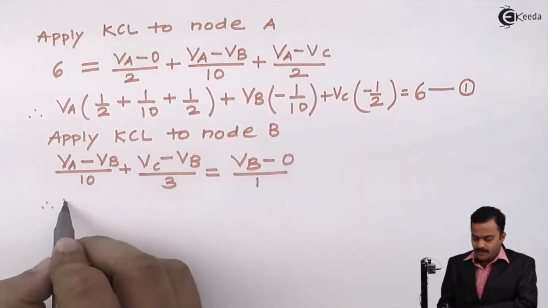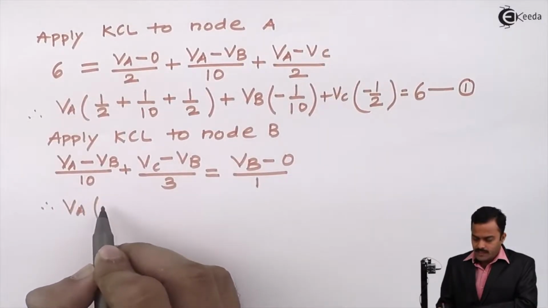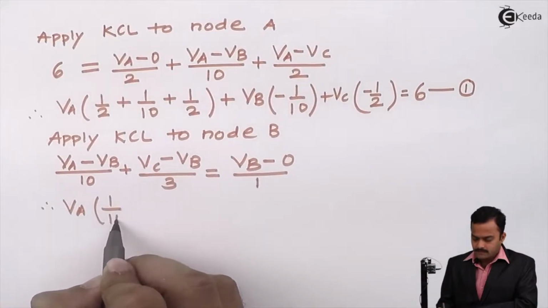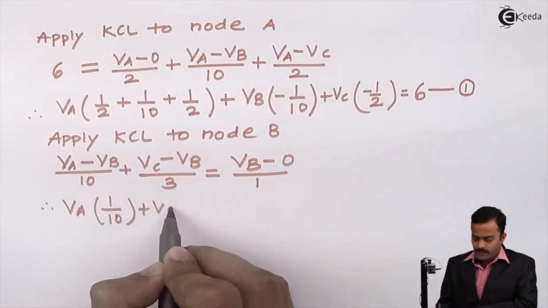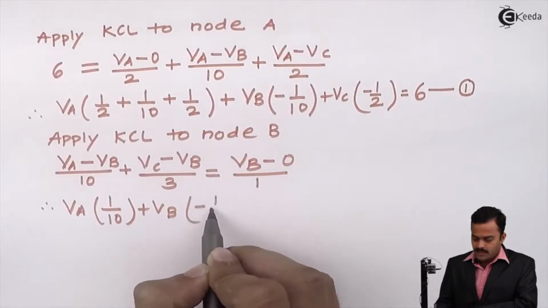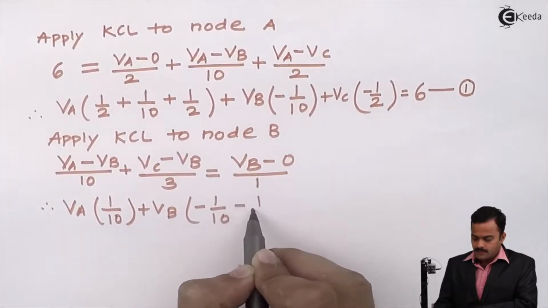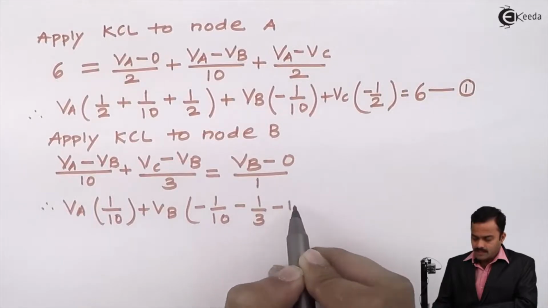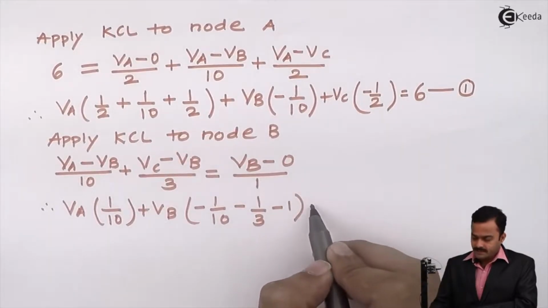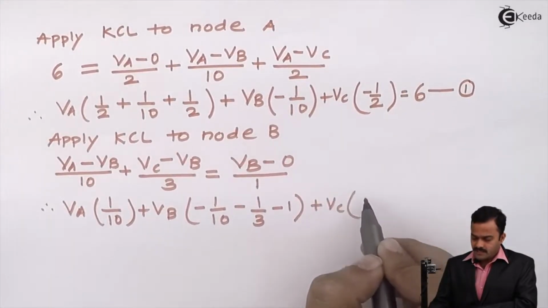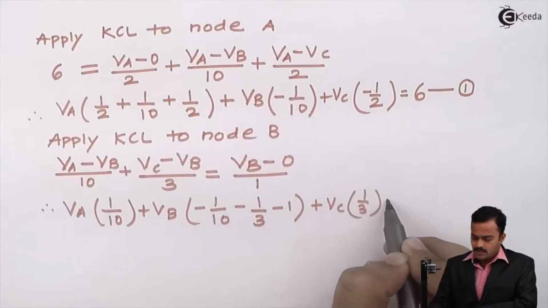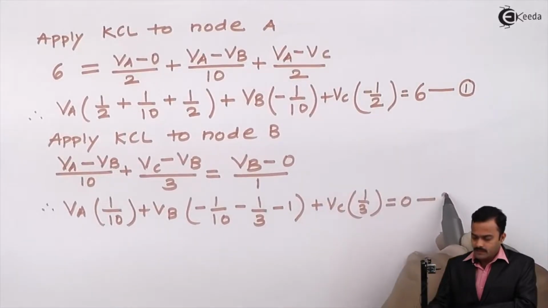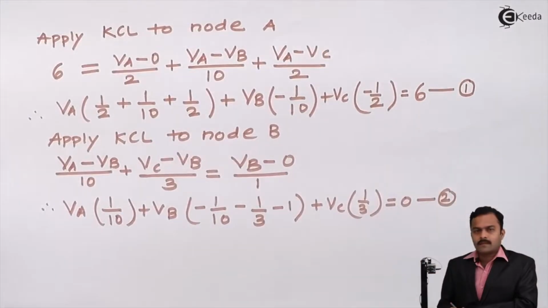So let's simplify. So I will get equation VA, the coefficient is 1/10, VB coefficients are minus 1/10, minus 1/3, minus 1, VC coefficient is 1/3, constant is 0, this will be equation number 2.